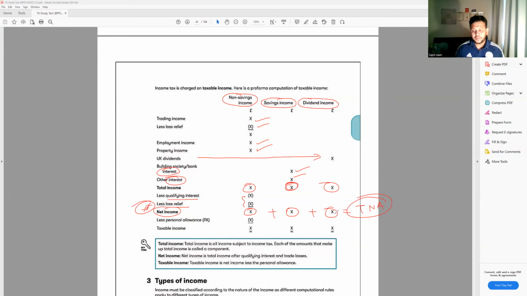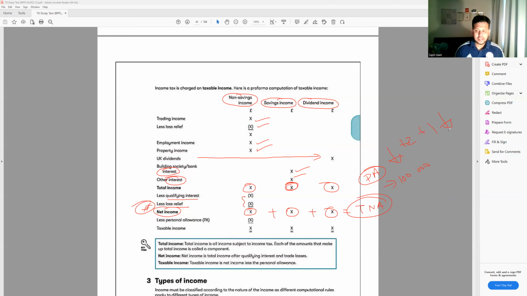The reason we have to find the total net income is because based on that, we have to see if there is an implication on the personal allowance. Because if my net income is more than £100,000, remember, the personal allowance will be reduced. For every £2, £1 will be reduced. For that reason, we have to stop on the net income.